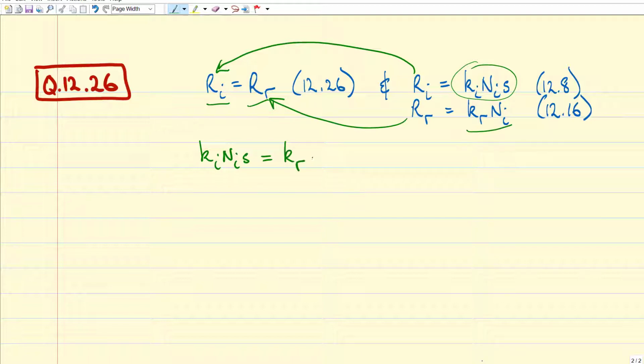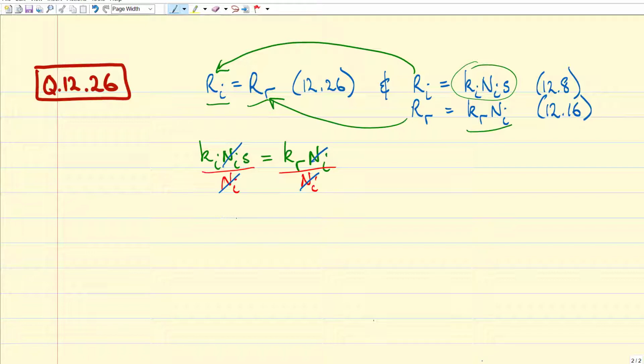So it's Kr Ni. Now, if you're good at algebra, you might already be able to see what we're going to do next. But just in case algebra isn't your favorite thing, let's look at this. We've got an Ni on both sides, and if we divide both sides by Ni, then it goes away. So this Ni and that Ni cancel, and that Ni and that Ni cancel.